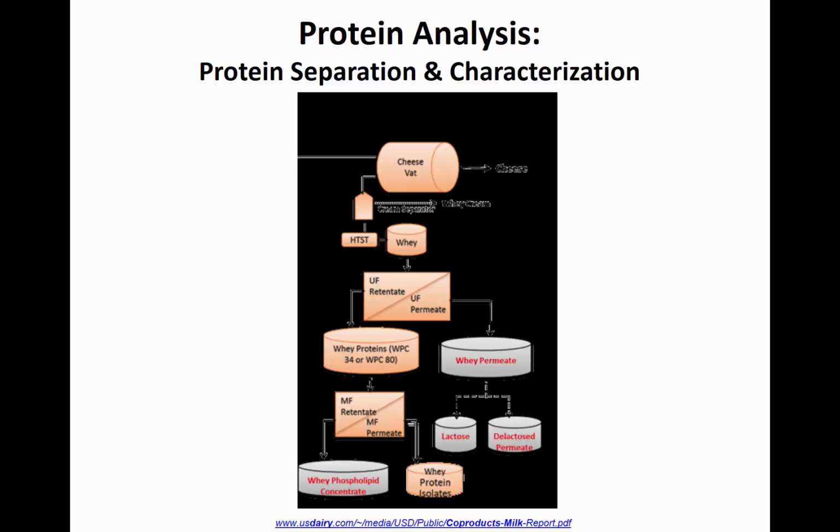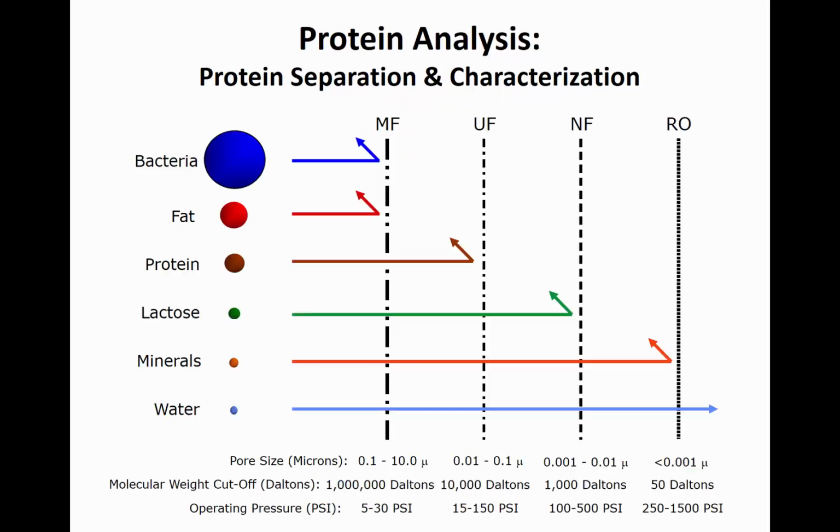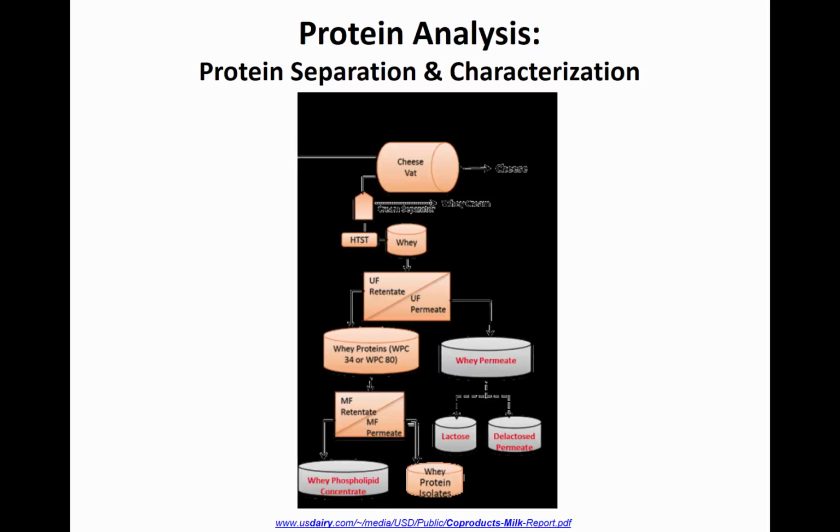So if you pass the whey through ultrafiltration, you will have retentate and you have permeate. The retentate, remember from here, is your protein. Your permeate is a waste stream high in lactose, and some proteins actually escape and go through as well.